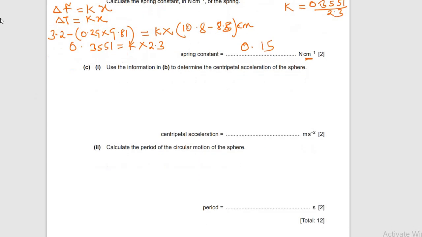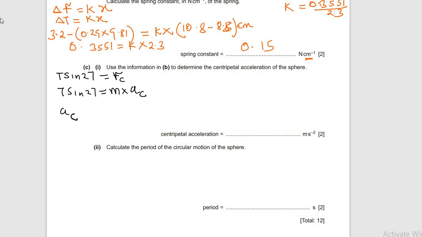Next question. Now use information in B to determine the centripetal acceleration of the sphere. Remember the horizontal force, T sine 27, is the one that provides centripetal force. So we are looking for the centripetal acceleration. Centripetal force is mass times centripetal acceleration.